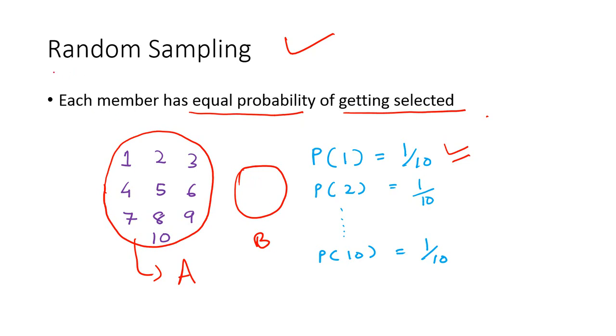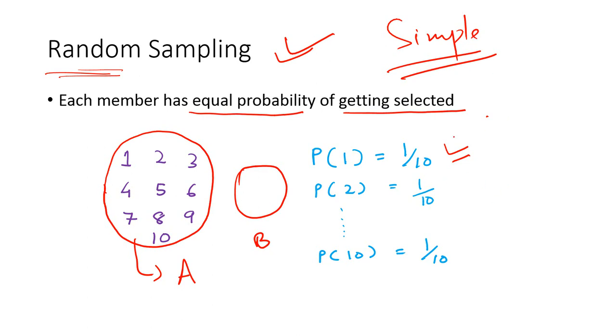And why do we call it random sampling? Because we do not select by judgment. Rather, we just do a random experiment and select elements from this population. That's why it's called random sampling. You might also have come across what is known as simple random sampling, which is probably the most popular sampling technique used in building predictive models.